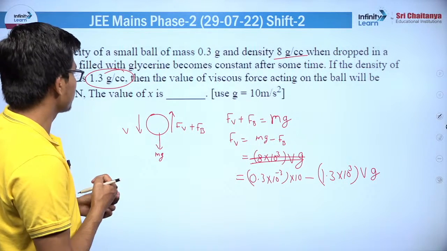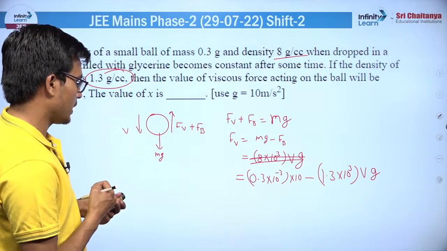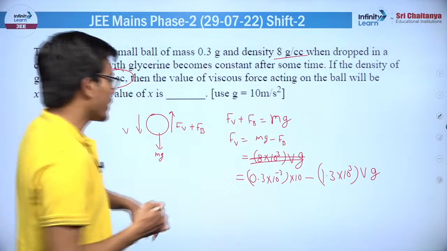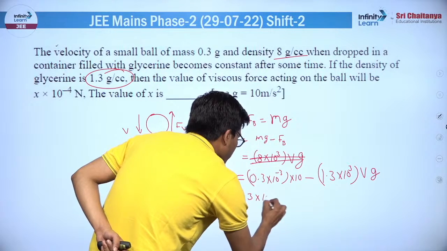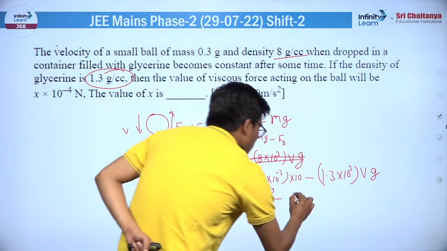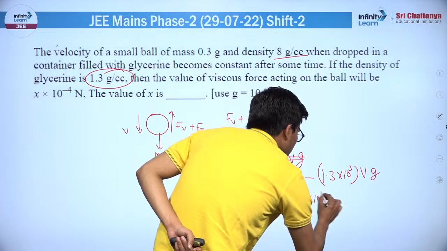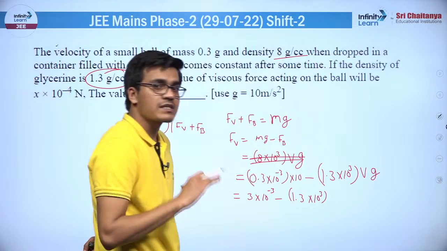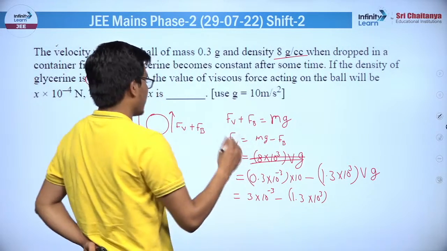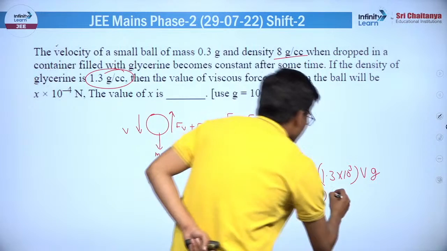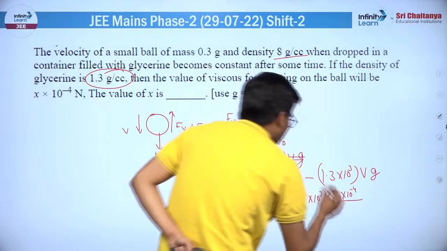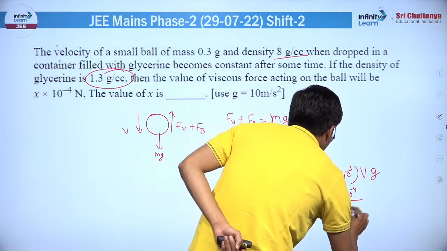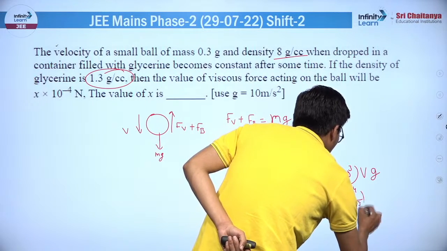Everything is fine? Yes. Now I need to find the volume, so it will be 3 into 10 to the power minus 3 minus 1.3 into 10 to the power 3. Volume is mass upon density, right, and the mass of this ball is again 0.3, meaning 3 into 10 to the power minus 4, divided by its density, 0.3 into 10 to the power minus 3, into g.